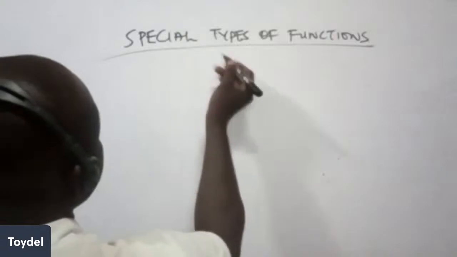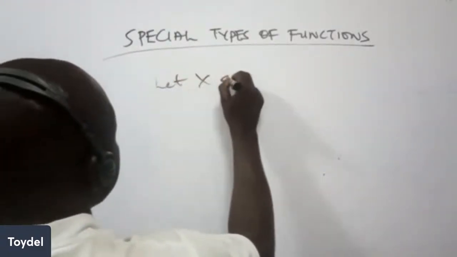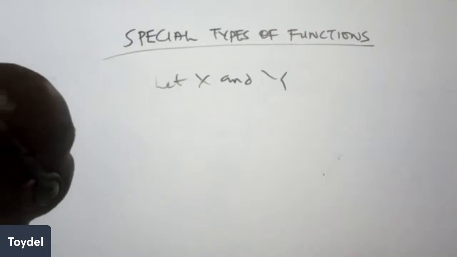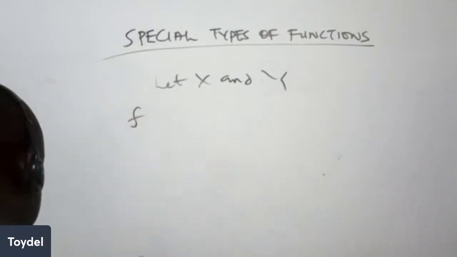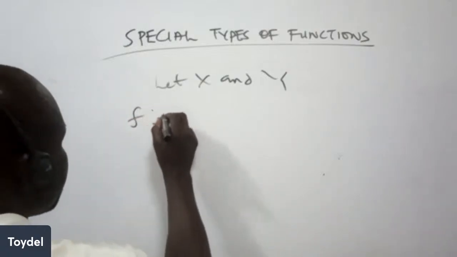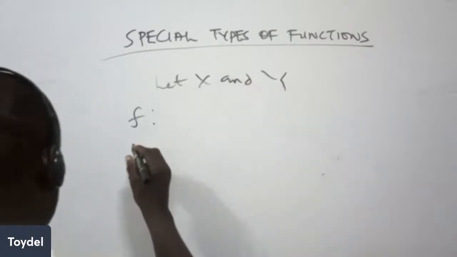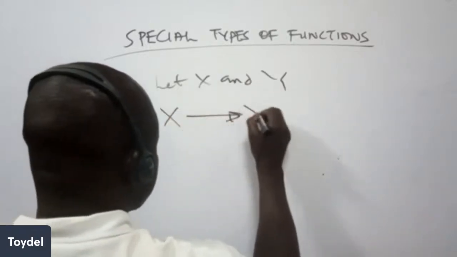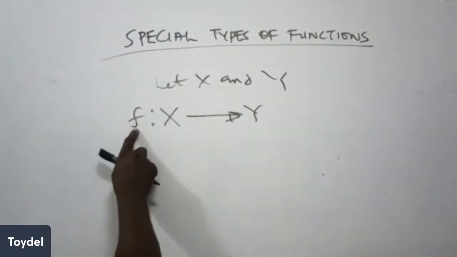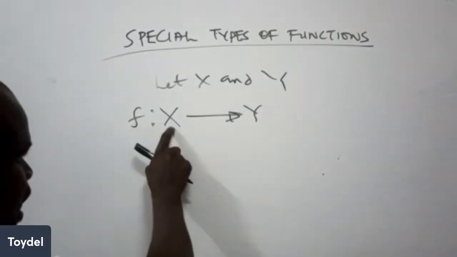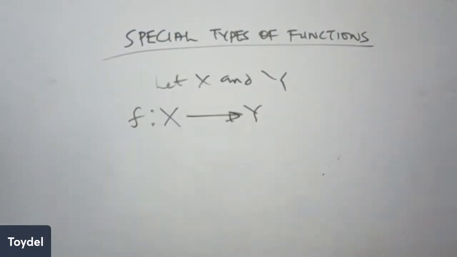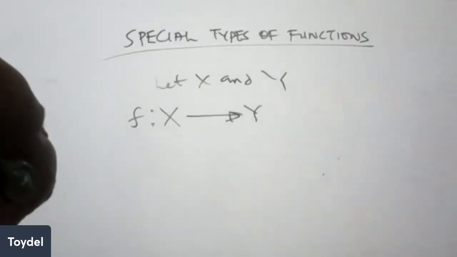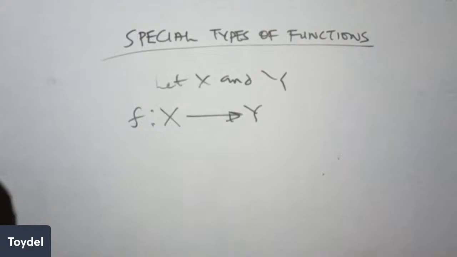If we assume x and y to be two sets, a function f from x to y is denoted as what we have on the board, and it is a set of ordered pairs.